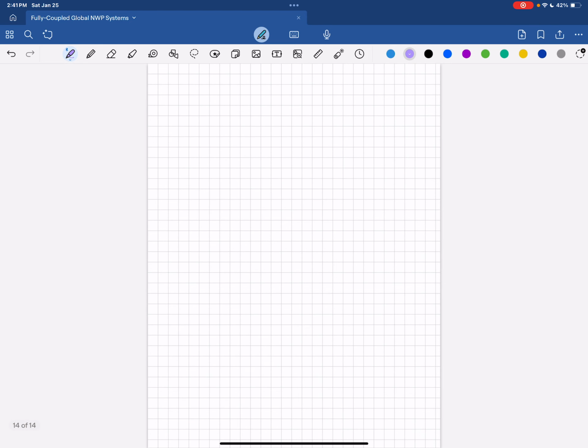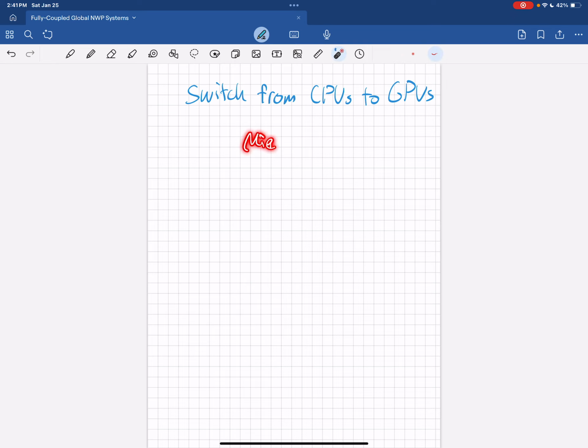And I already mentioned before, which I forgot to write here, is switch from CPUs to GPUs. So GPUs, as you know, are the ones that are used a lot for video games, and if you've seen any of the modern video games, or something like Minecraft, anything where you see all these visuals and they have to be rendered.